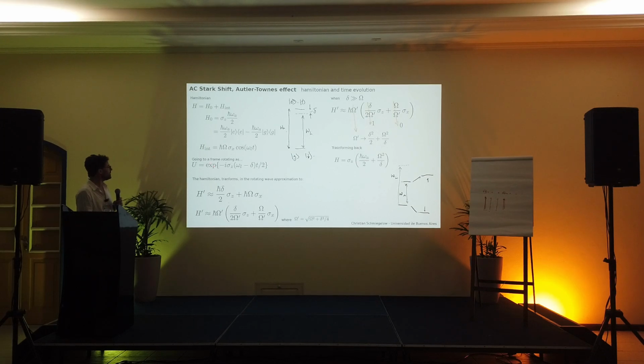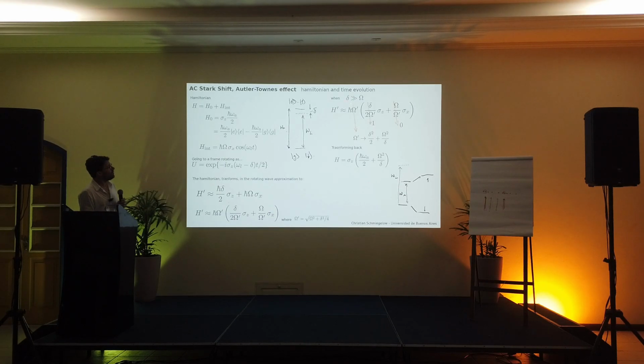Again, you can go to a rotating frame by doing this transformation, U equal to sigma z, going to a frequency that's rotating between these two states. And what you find is that your effective Hamiltonian looks something like this: a new renormalized Rabi frequency, a rotation around z, and a rotation around x.